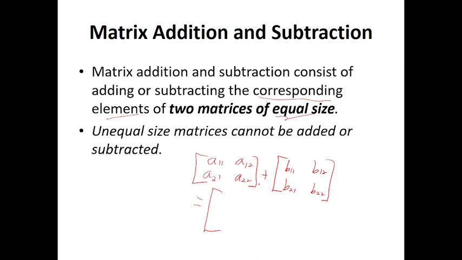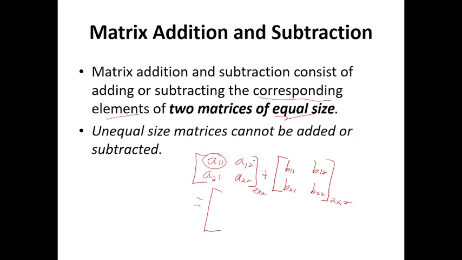What's the size of the first matrix? 2 by 2. 2 rows, 2 columns. Second matrix, 2 by 2. So since the sizes are the same, the next step is to add those matrices. We need to add the corresponding elements.